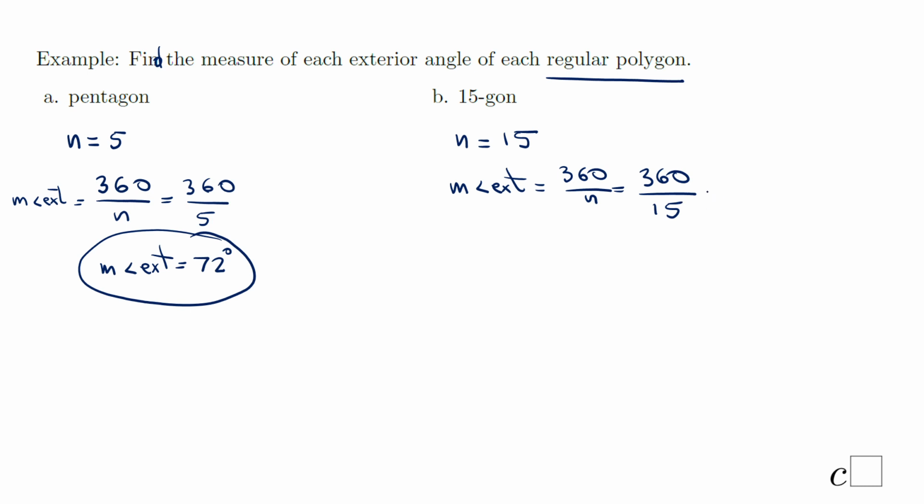Again, this one can be simplified if you cannot use a calculator. I'm going to use a calculator here, and we have 360 divided by 15. That will be 24 degrees for this polygon that has 15 sides.